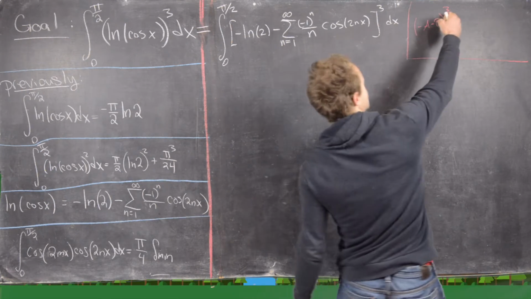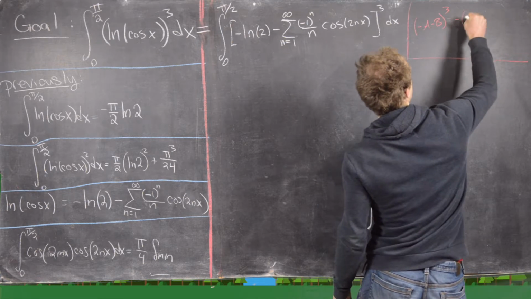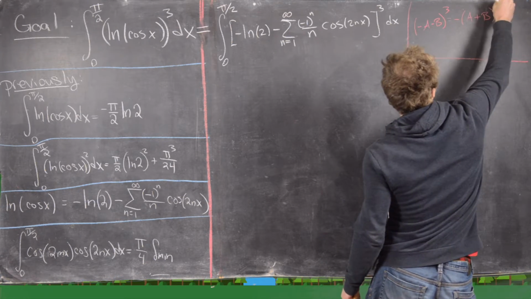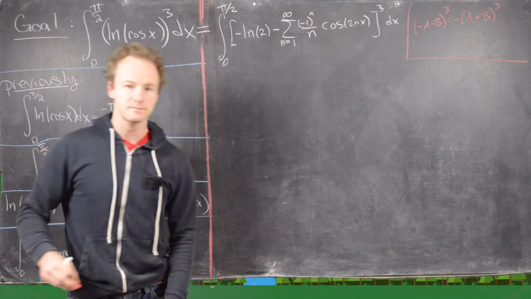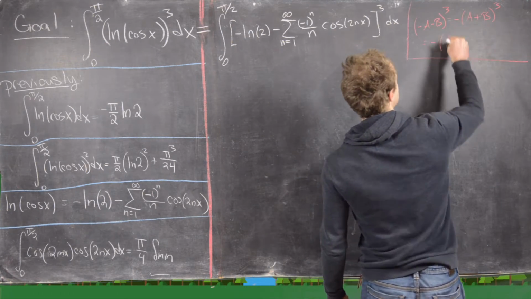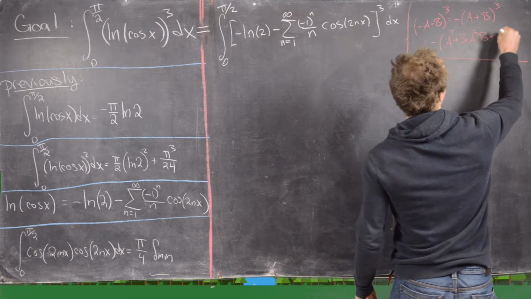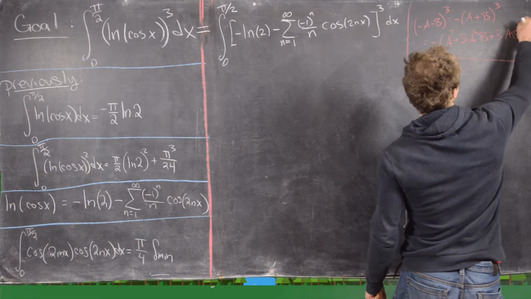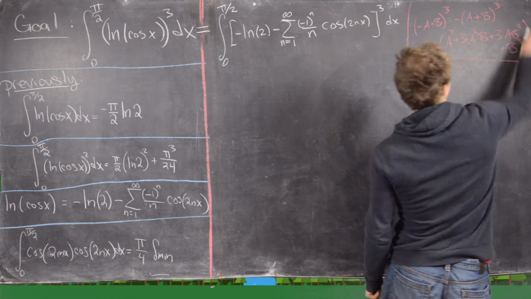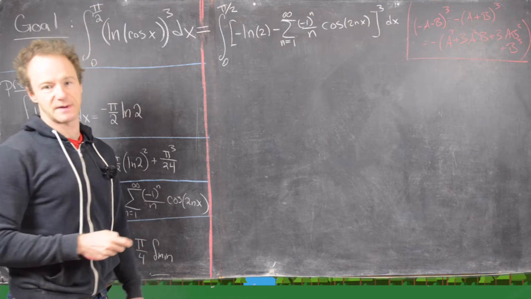But notice that since this is an odd power and both of these are negative, that's the same thing as minus a plus b cubed. Then it's really easy to multiply that out and get minus a cubed plus 3a squared b plus 3ab squared plus b cubed. Great. So that's just a standard binomial expansion.